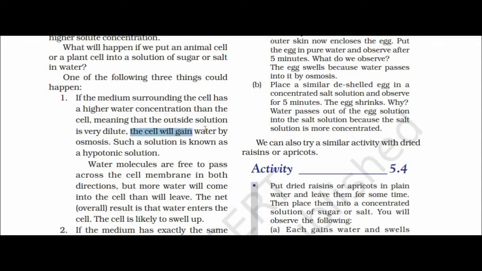Why will the cell gain water? Because the outside solution is dilute, the water can easily pass through the plasma membrane. The cell will get water from outside, and this process is called osmosis. Such a solution is known as a hypotonic solution.